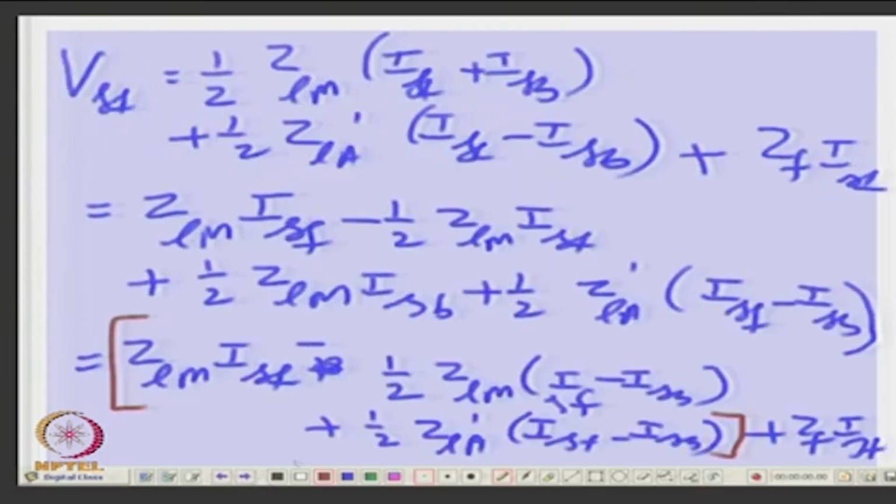Because what this one is ISF minus ISB into half ZLA dash minus ZLM. This is a common and this is the, is it okay?